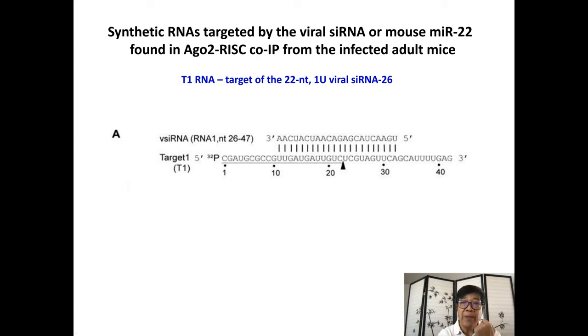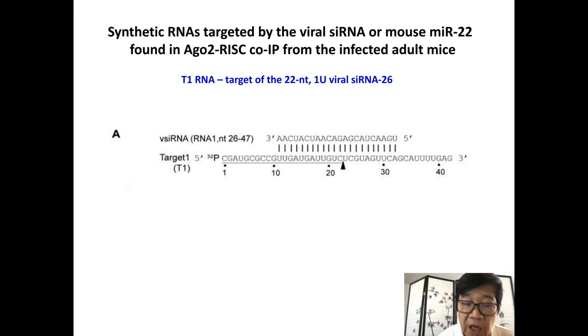To overcome that problem, we synthesize an artificial RNA target, in this case a T1 RNA, a 42 nucleotide single-stranded RNA, containing a central region that is perfectly base paired with a viral siRNA known to be present in AGO complexes.